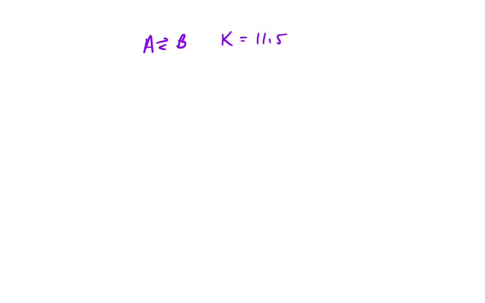Assuming we have a starting concentration of 1 mole per liter for A, we could get our equilibrium concentrations for A and B. I'm not going to work through that because that's not really the important part of this. But let's just say that at equilibrium, we have a concentration of A of 0.08 moles per liter and a concentration of B of 0.92 moles per liter.